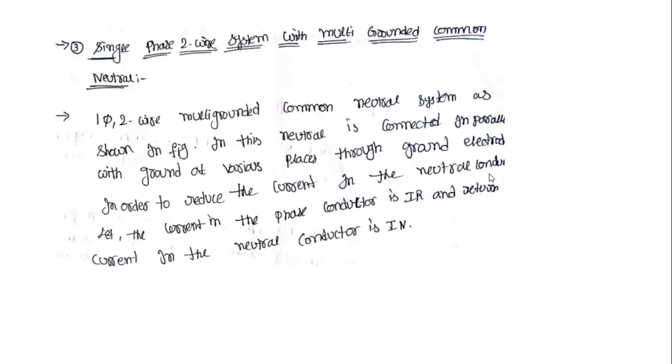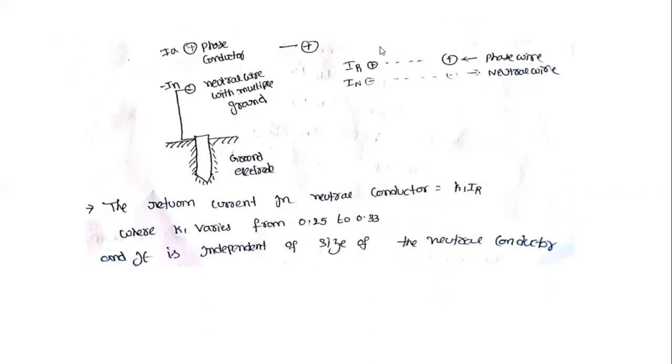In order to reduce the current in the neutral conductor, the current in the phase conductor is IR and the return conductor is IN. Therefore IR is the phase wire and IN is the neutral wire.